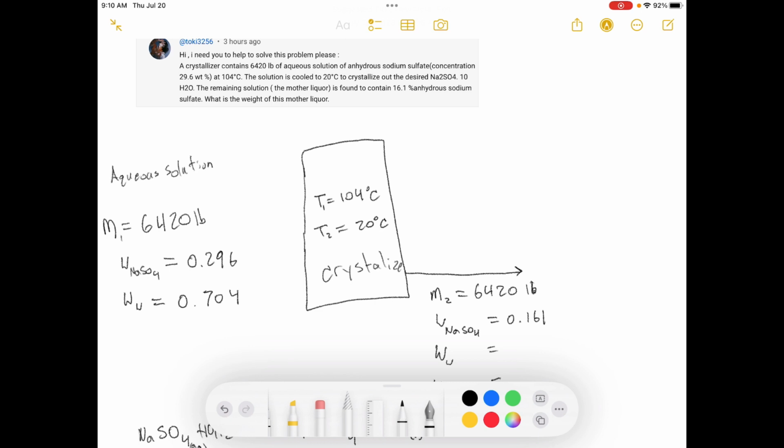For every molecule of salt, you have 10 molecules of water physically attached to the salt structure. So even if you strained out all of the liquid, the liquid water and dissolved salt, which is what they call the mother liquor, you would be left with a solid that is 1 part sodium sulfate and 10 parts water trapped within the crystal. Hopefully that makes sense.